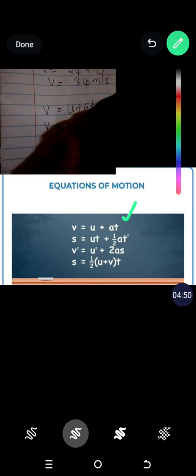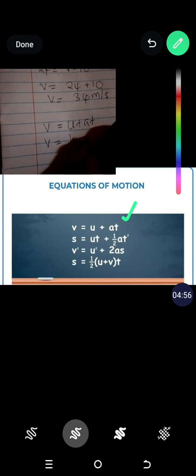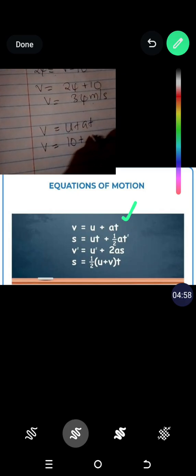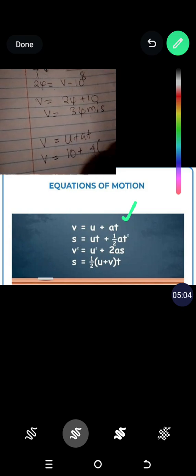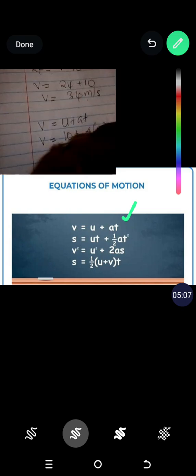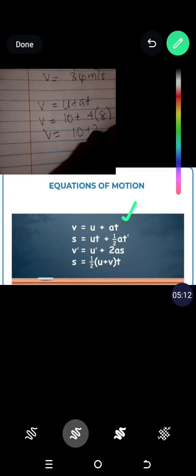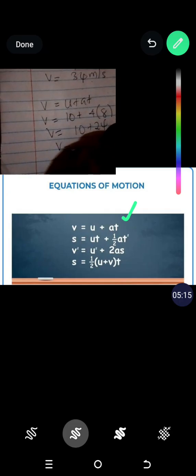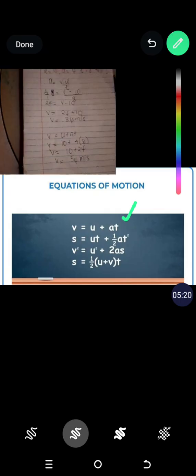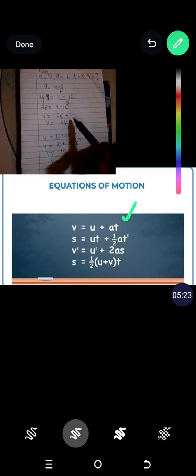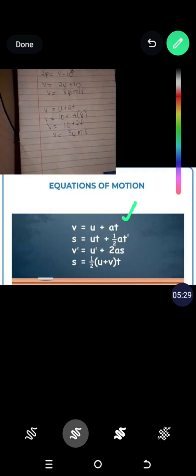So final velocity is equal to, our initial velocity was 10, plus our acceleration was 4, and then our time was 8. So final velocity is equal to 10 plus 32. Our final velocity will be equal to 42 meters per second. So you've seen I use this formula, I got the same answer. I can as well use that one, I can get the same answer.